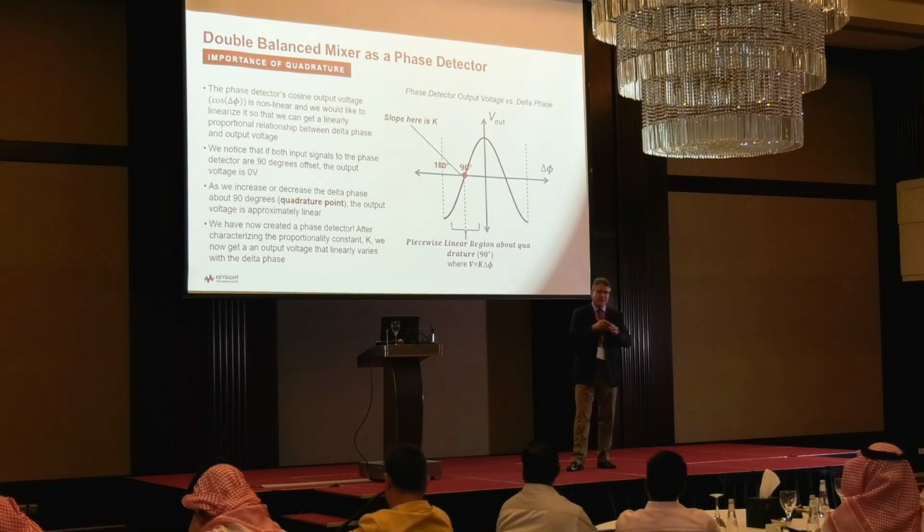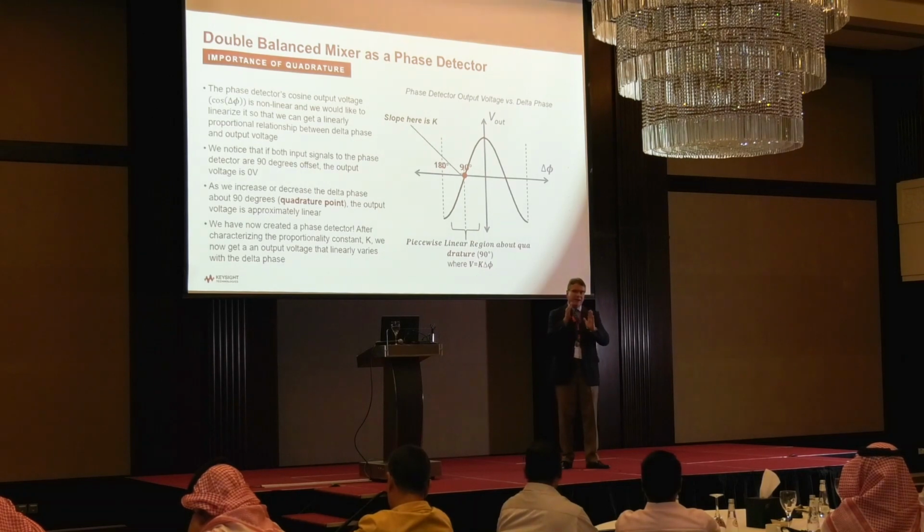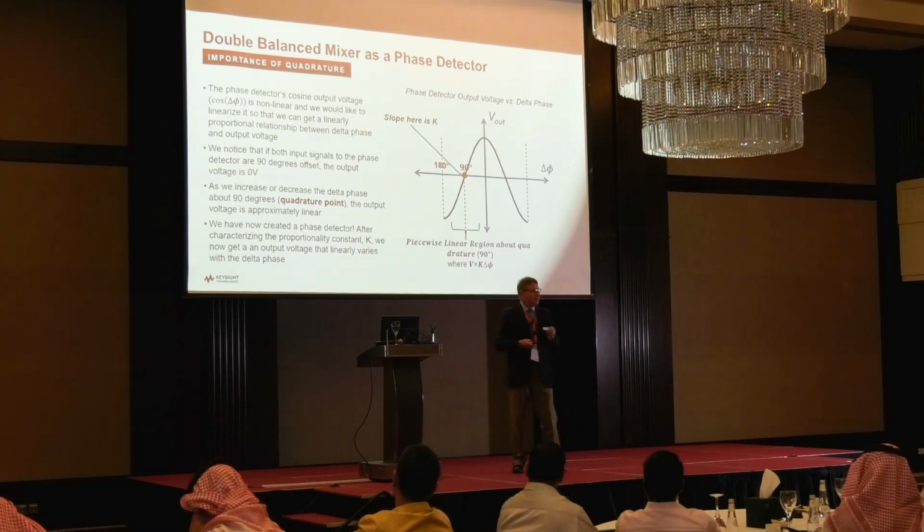And you recognize that at the zero crossing of that cosine function, the region right around that sinusoidal trajectory is actually fairly linear. So what we're going to do is keep that reference source, that second signal generator, at the exact same frequency, but at a 90-degree offset relative to my signal under test.